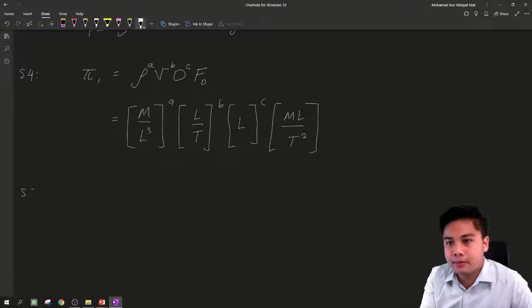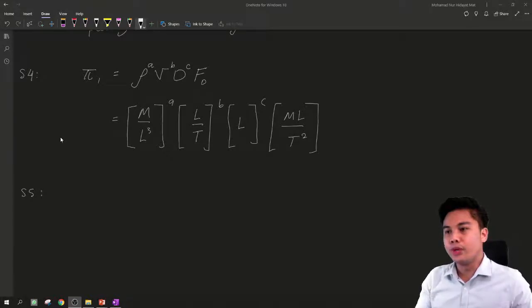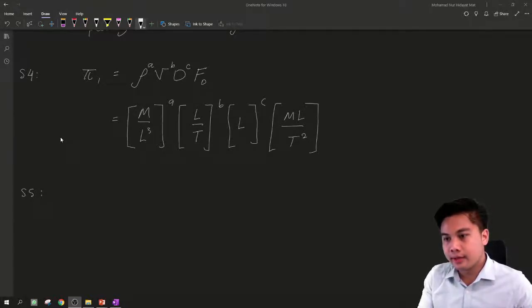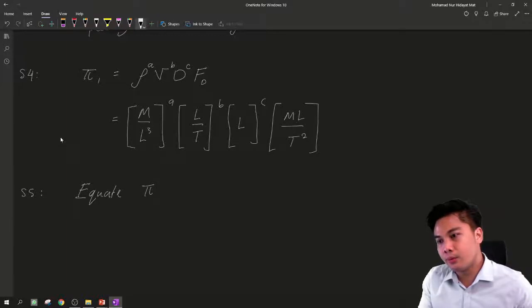Alright, step number 5. We need to equate all the pi terms, all this pi 1, with the dimensionless unit, which is M to the power of 0, L to the power of 0, T to the power of 0.